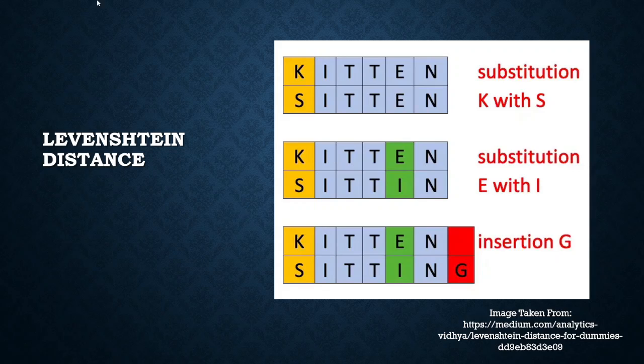So in this case, we have 2 substitutions and 1 insertion or addition, which would make the edit distance a 3.